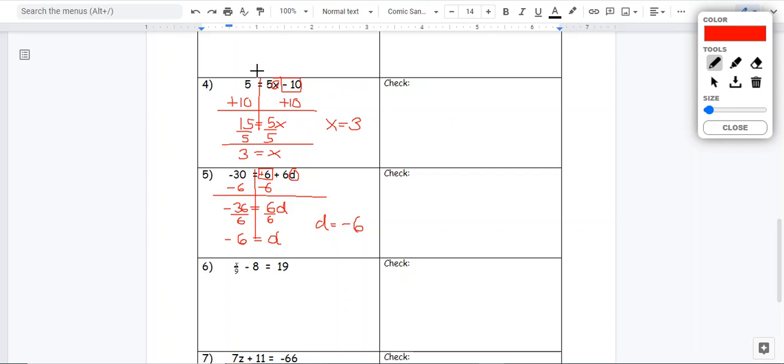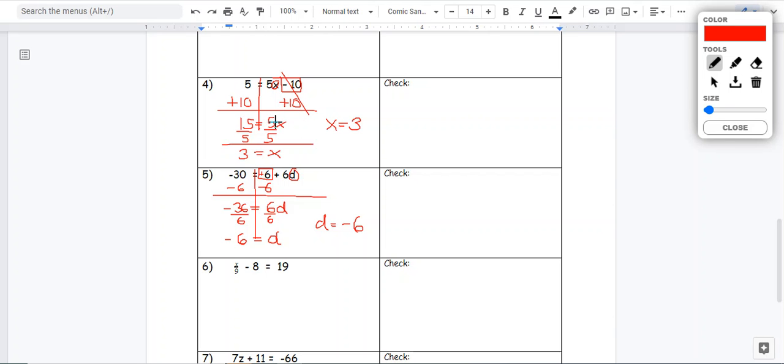So for number 4, we circle our variable of x, which is next to the 5, and then we have a minus 10. So our first step would be to get rid of the constant by doing the inverse of addition. That cancels out the negative 10, and on the left, 5 plus 10 is 15, and so now on the right, all that's left is the 5x.